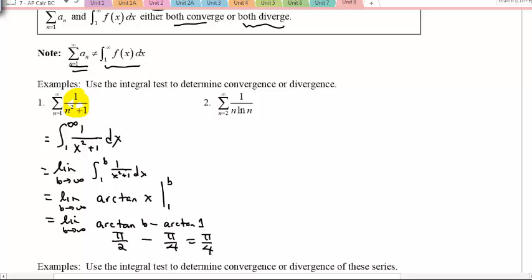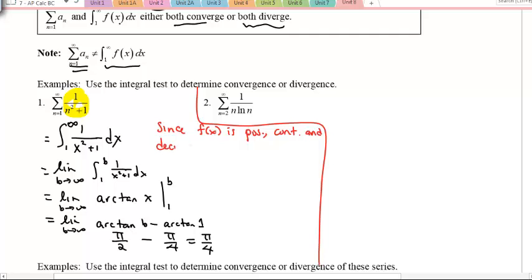So, what do you see? Well, hopefully you'll see the following. I should give myself some more space. I guess I should say first, since f of x is positive, continuous, I'm just using short form, okay, being lazy, and decreasing for all values of x bigger or equal to 1, and it converges, because that's what I just showed over here.